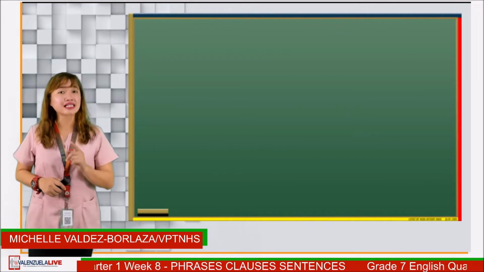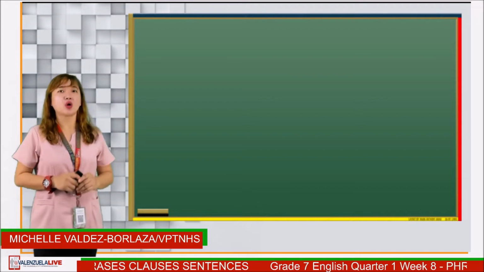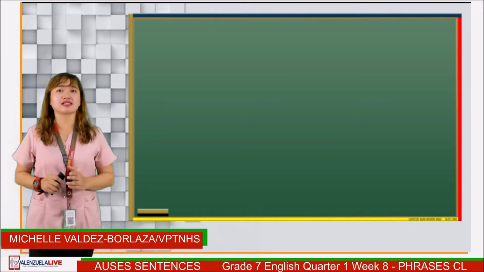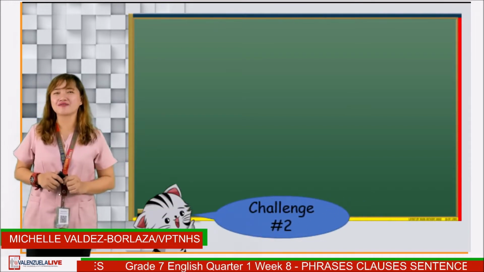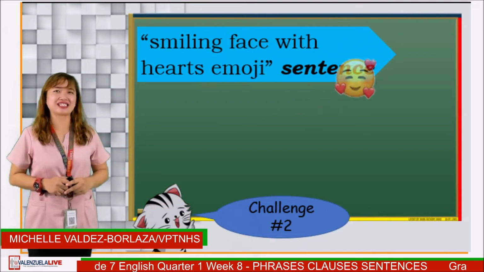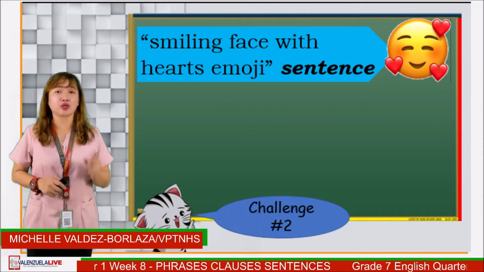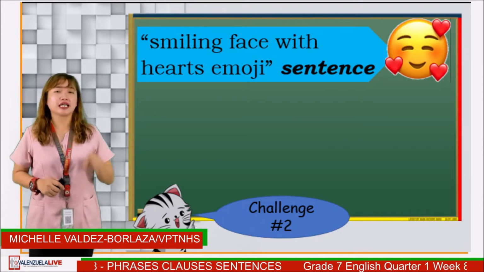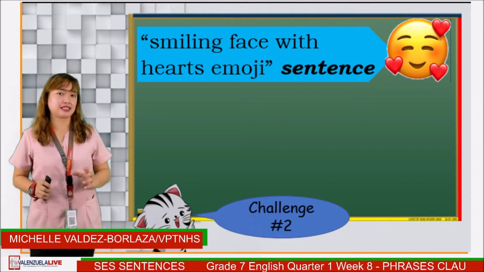Now, let's dig in more on how much you are familiar with phrases, clauses, and sentences. Let's now have your second challenge. Comment a smiling face with hearts emoji if the group of words presented is a sentence.